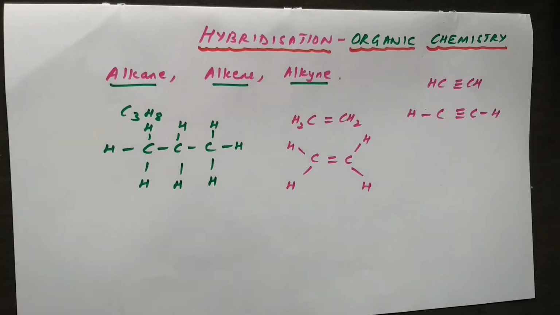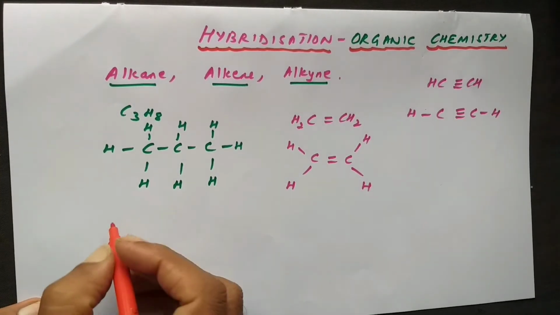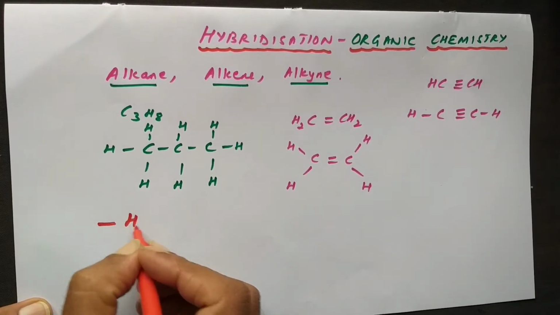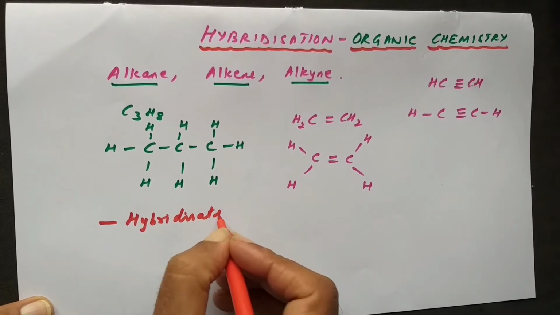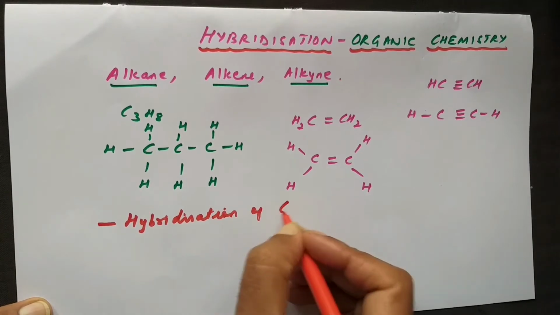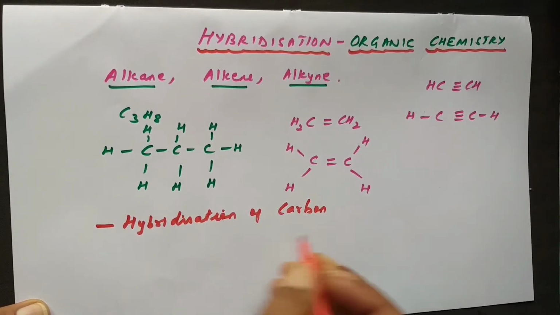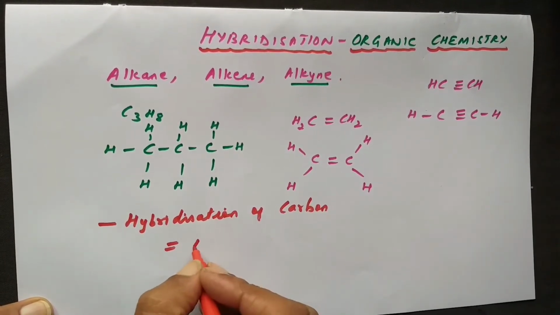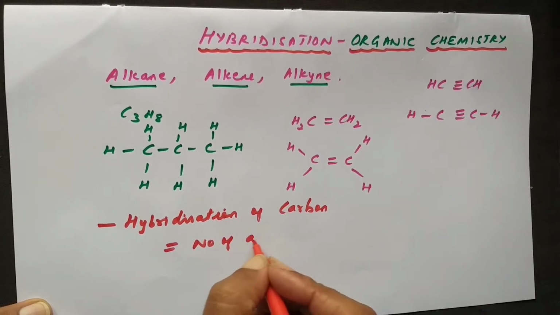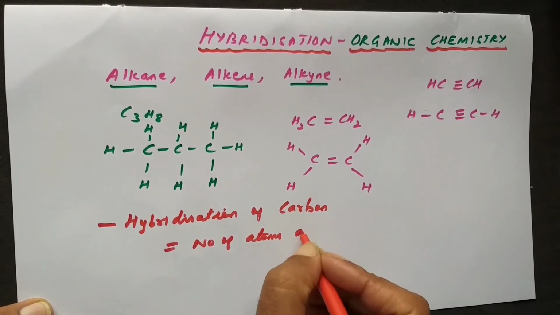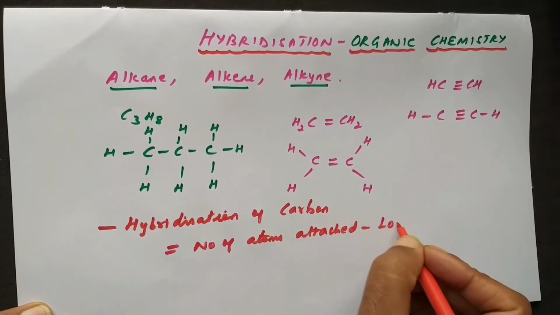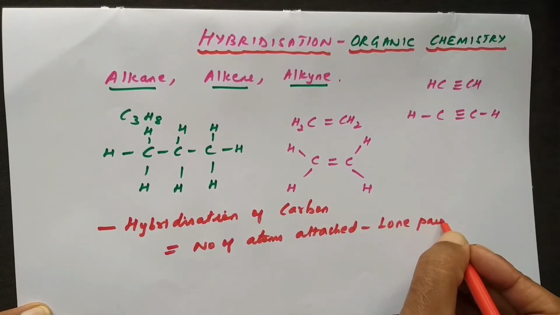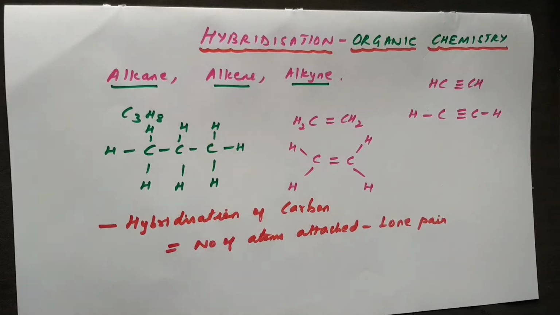Whenever you get a carbon, the formula for the hybridization of carbon will be the number of atoms attached minus the lone pair, that is, the number of lone pair electrons present.